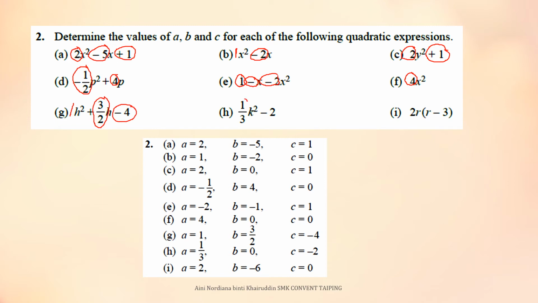For H, 1 over 3 is the value of a, b equals 0, the value of c equals negative 2. For I, we have to expand this first. 2r squared minus 6r. So this is the value of a, negative 6 is the value of b, and the value of c equals 0.